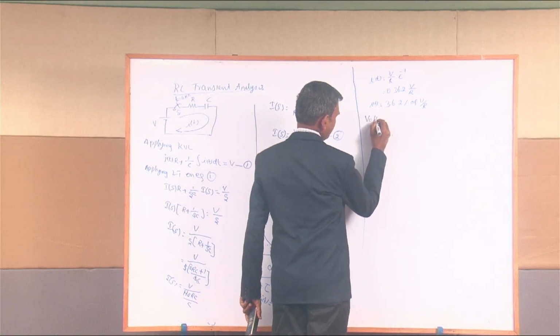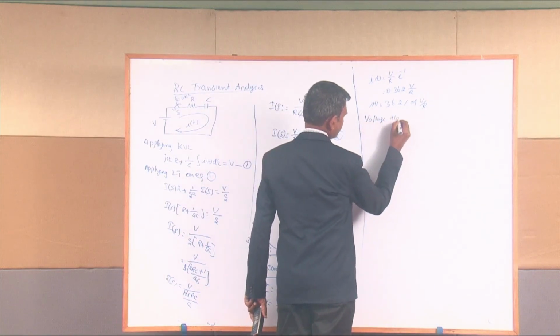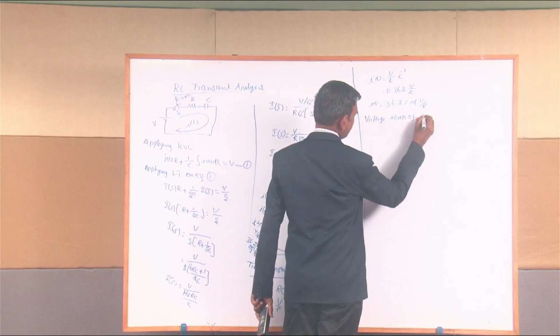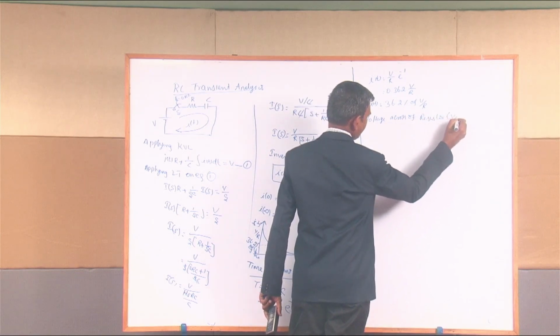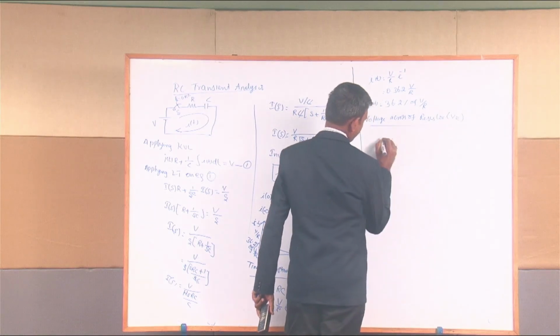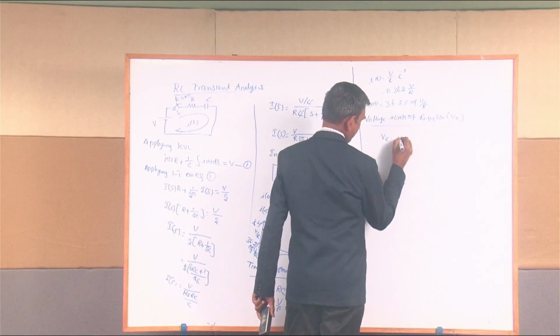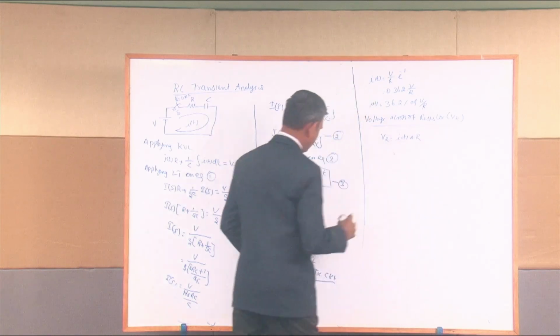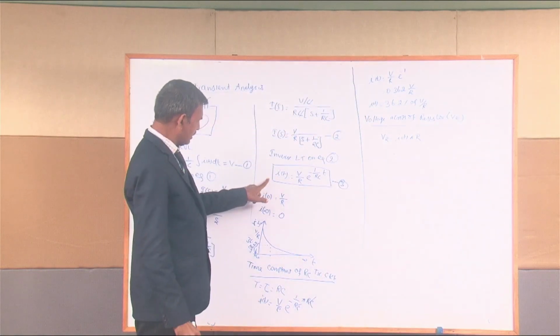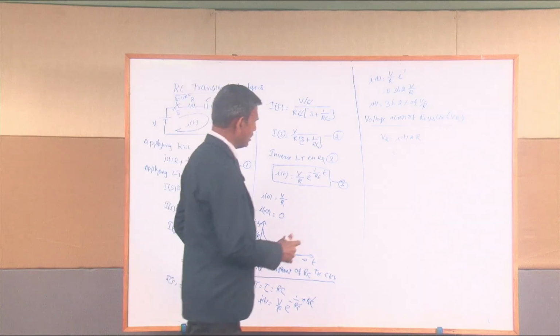Voltage across the resistor is nothing but VR. So VR is equal to I of t into R. I of t, we have already found the transient current from equation number 3.